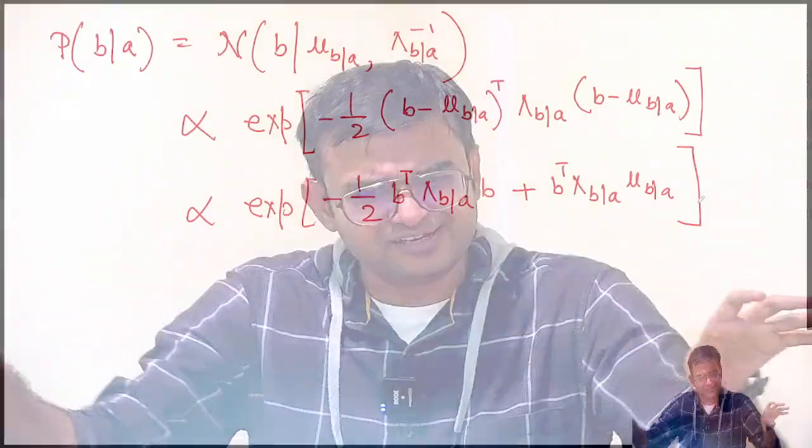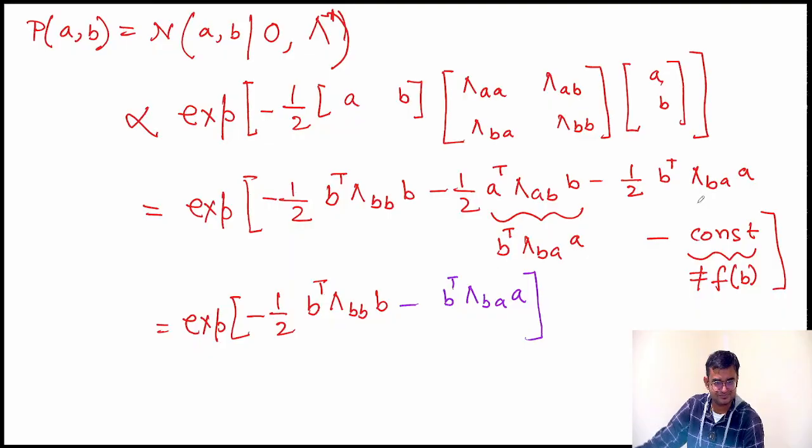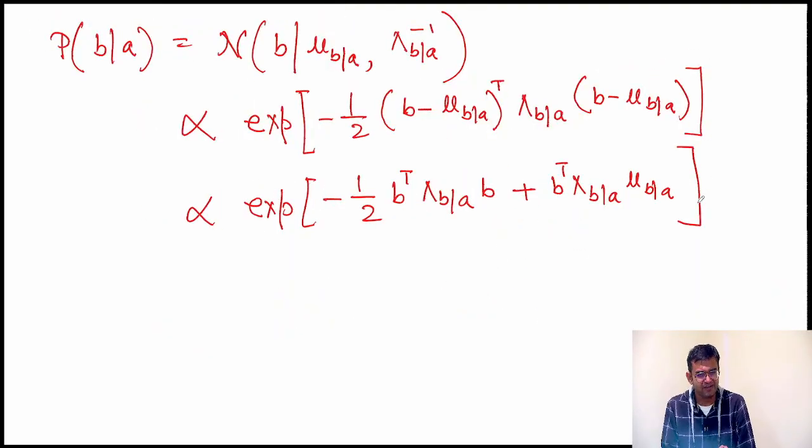Now, from the joint distribution, we wrote down the exponential part, and rearranged it so that it becomes only a function of B. And we stopped there. Then we said that we know that the conditional will be Gaussian, so let us write it down. And then we again opened the bracket and wrote it in a form so that I am now in a position to compare the two. So I am now going to compare this expression with this expression.